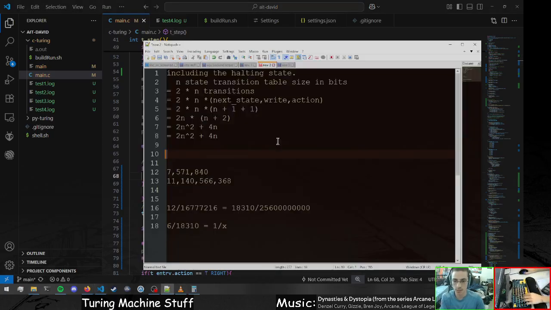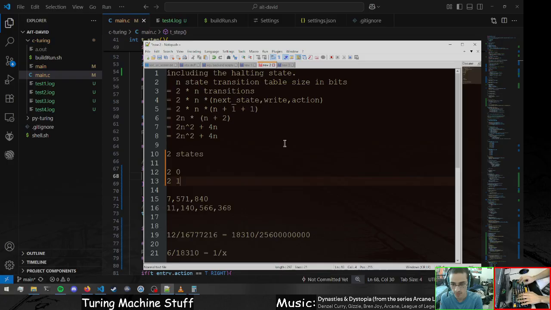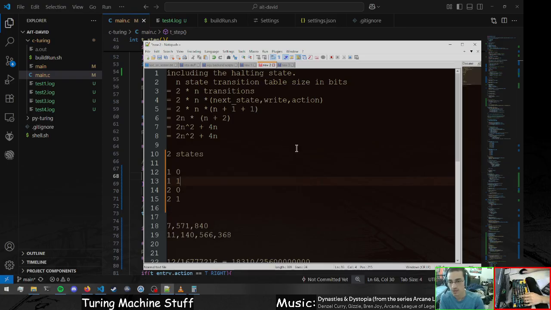So for example, if I had two states, right? How many transitions is that? 4, right? Apparently, because we got 1 0, 1 1, and this is 4 of them. But my algorithm considers these two as well. So I think we're considering too many of them. And this is the triple, right? This is the triple.